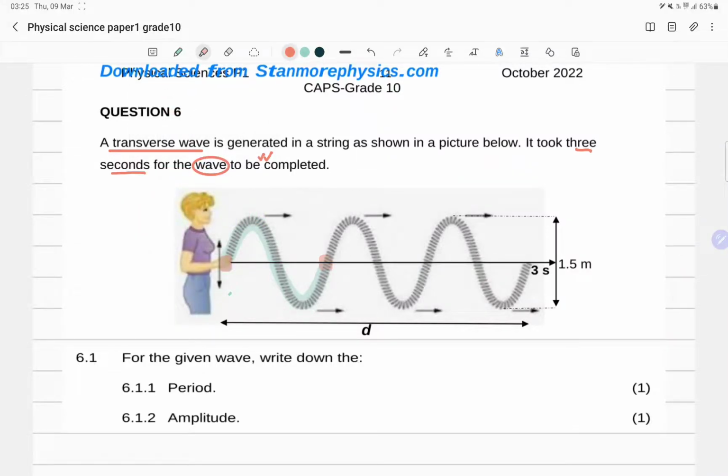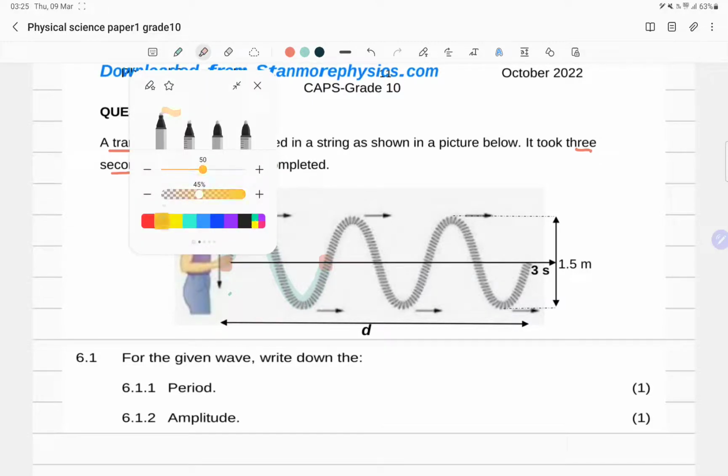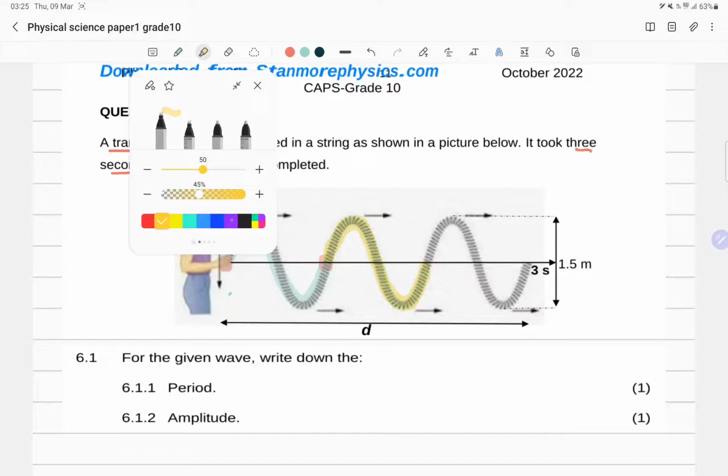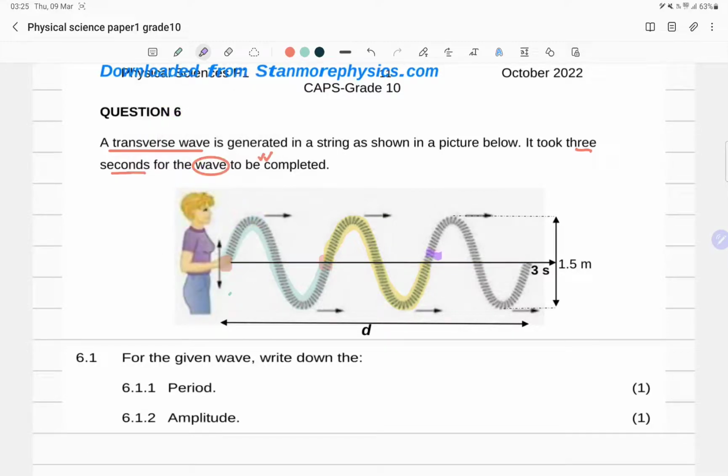So here, let's just choose another color. You can see this is another wave. All right, and then we've got another wave there. Maybe let's not say it's ridiculous, because maybe I don't understand.